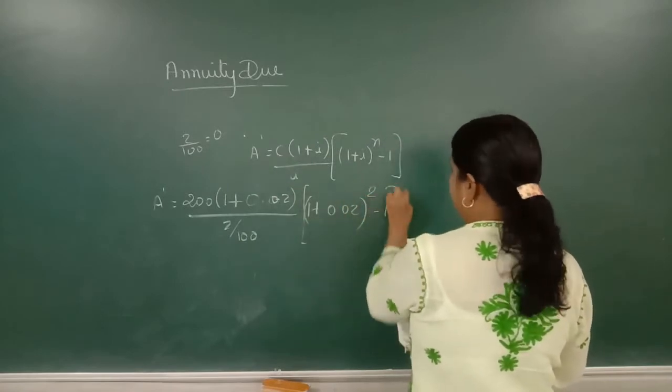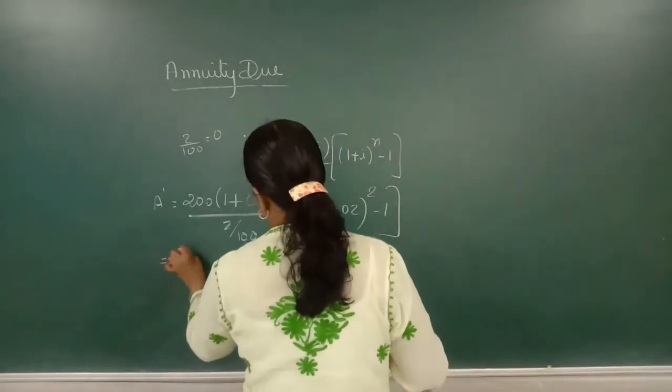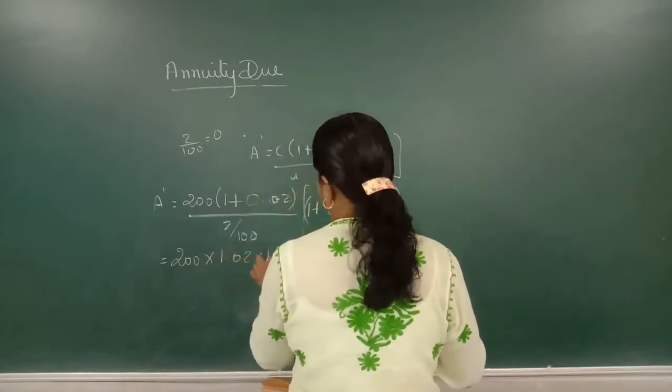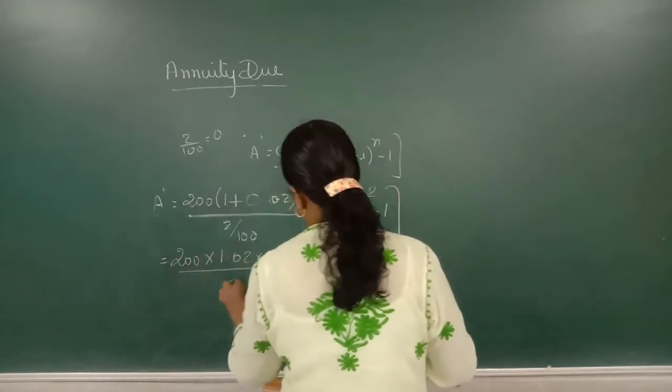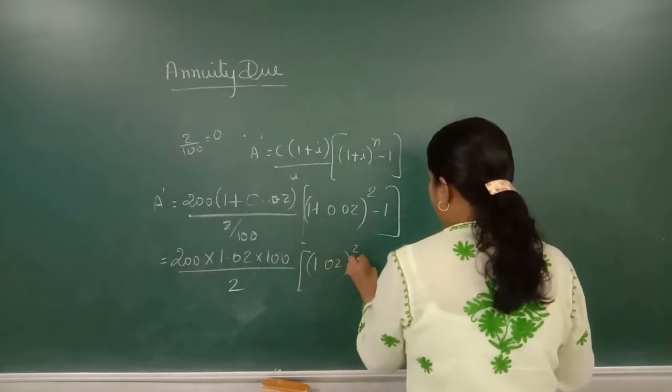It is again 2. Now this will be 200 into 1.02 into 100 upon 2 into bracket 1.02 square minus 1.